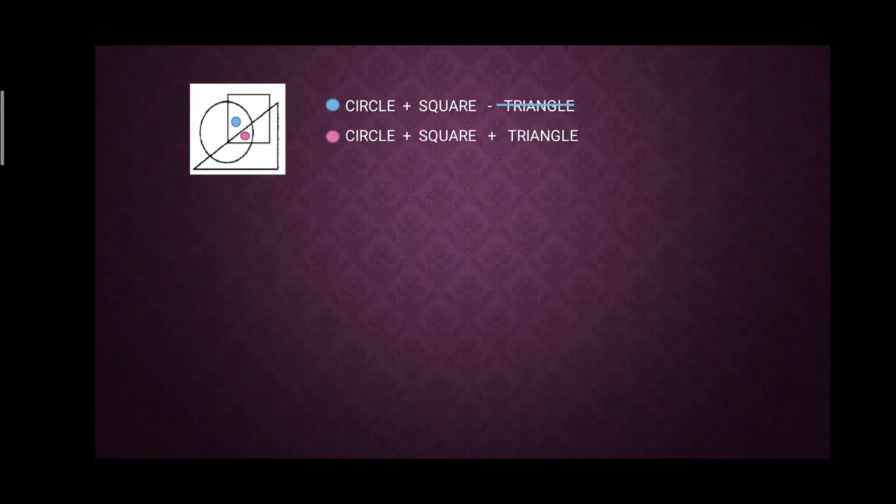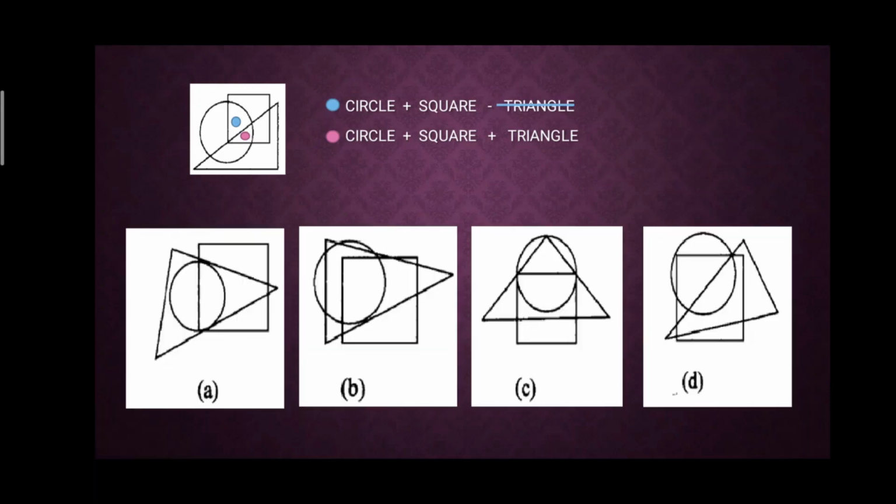Now, as we have already discussed what these dots mean, the pink and the blue one, we'll look at the answer figures and try to figure out which of these figures have both these conditions. I want both these conditions to be fulfilled in whatever answer I am going to select. Now in the first one you can see I have the pink circle, that is circle, square and triangle.